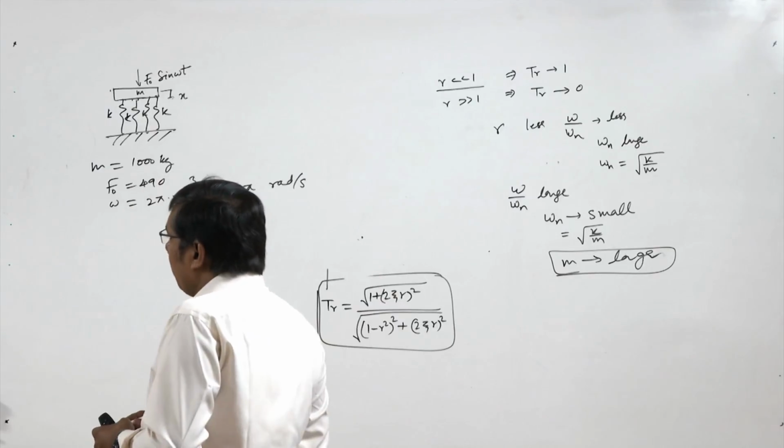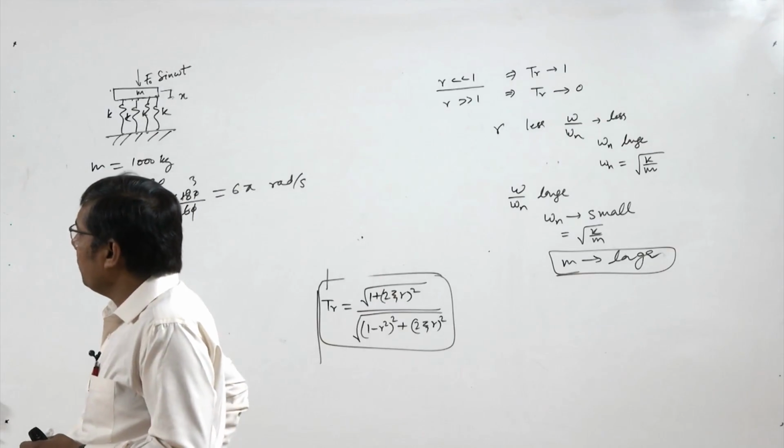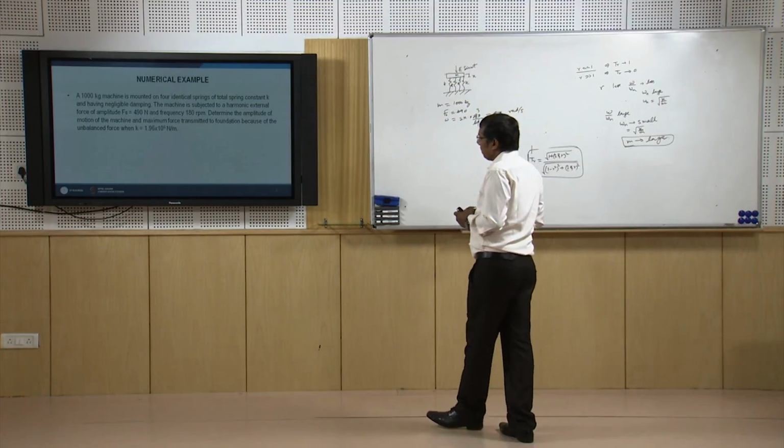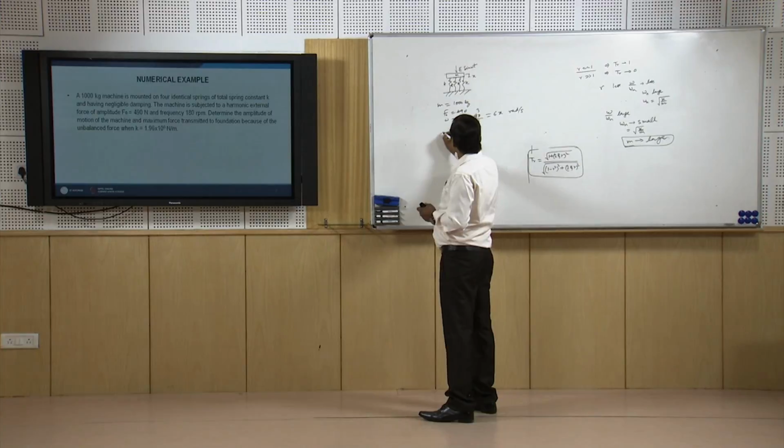Now we have to determine the amplitude of motion of the machine and the maximum force transmitted to the foundation because of the unbalanced force, when K is given as 1.96 into 10 power 6.